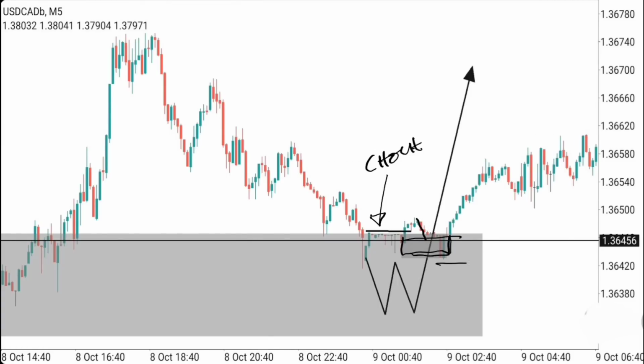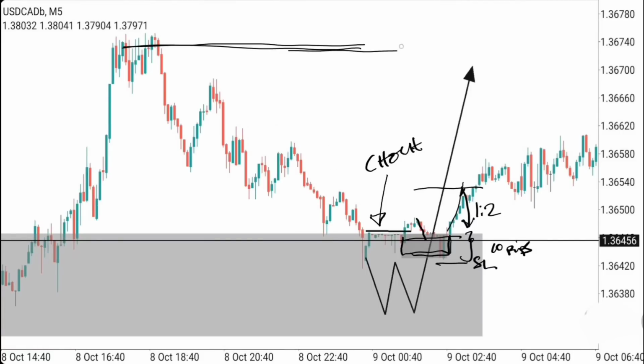So this is my refined stop loss here, and this is my stop loss distance, which is about 10 pips. Here I can take my first profit at 1:2. But this is the previous day's candle high, so you should most likely target this point. Price would most likely hit this point.